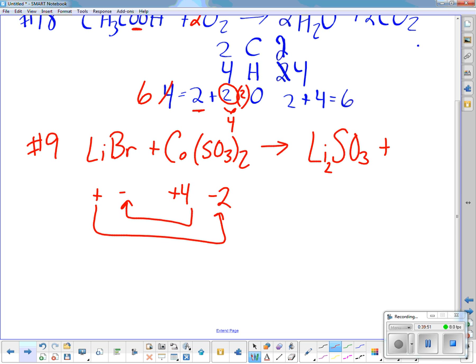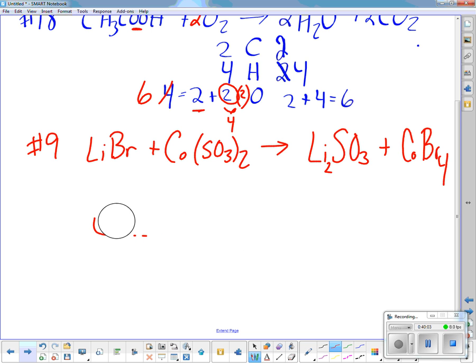Plus, cobalt is going to go with bromine. How many of each do I need of those? 4 bromines. Good job. Okay, now balancing side to side. Li, Br, Co, S, and O. Lithium. 1, 2. 2.